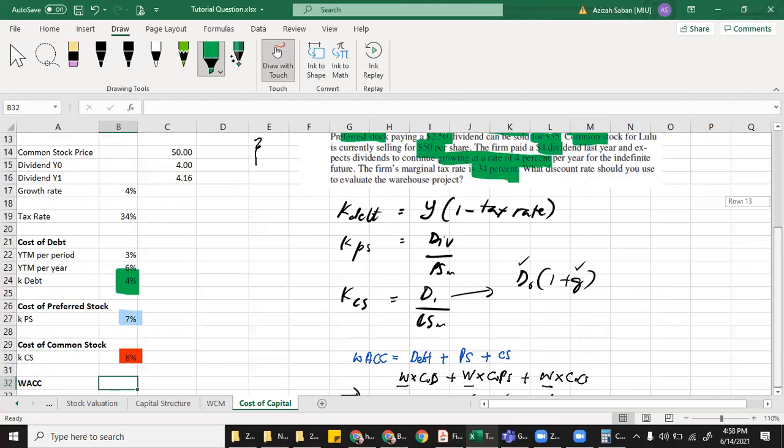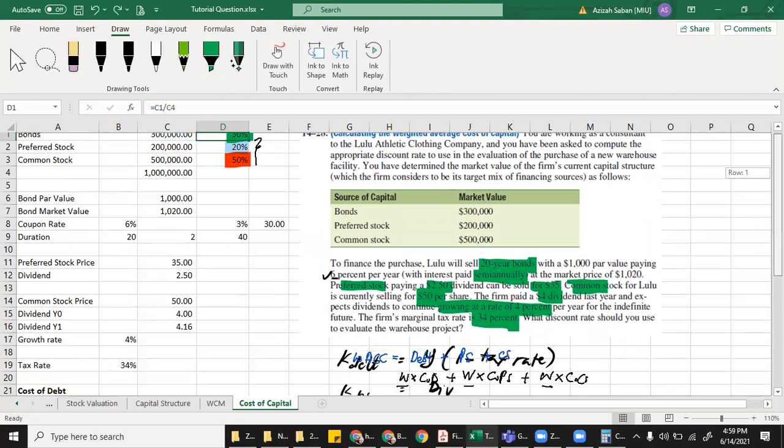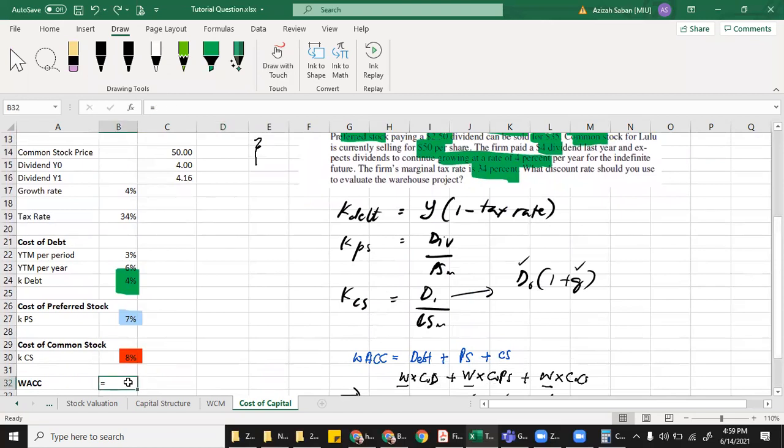Now we can calculate the WACC. The WACC is equal to, the green weightage, which is 30. Hold on, let me do that again.